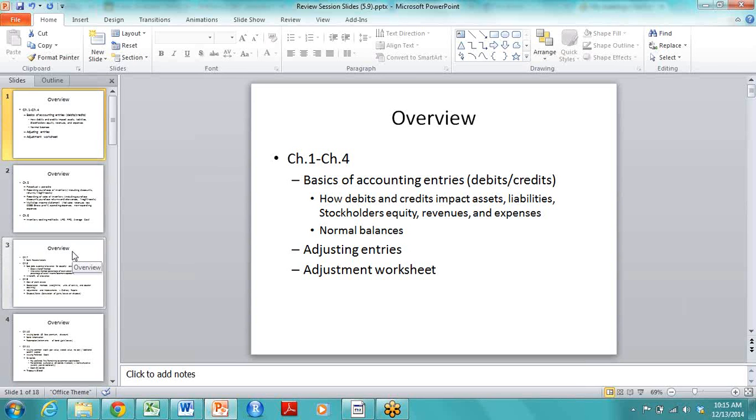If you're struggling with the basics of accounting, I would definitely spend a little bit of time, but also don't neglect the other chapters. So again, chapters 1 to 4 are just the basics, and we already know that there's going to be an adjustment worksheet on the final, so I would look at the midterm sample and go through that adjustment worksheet.